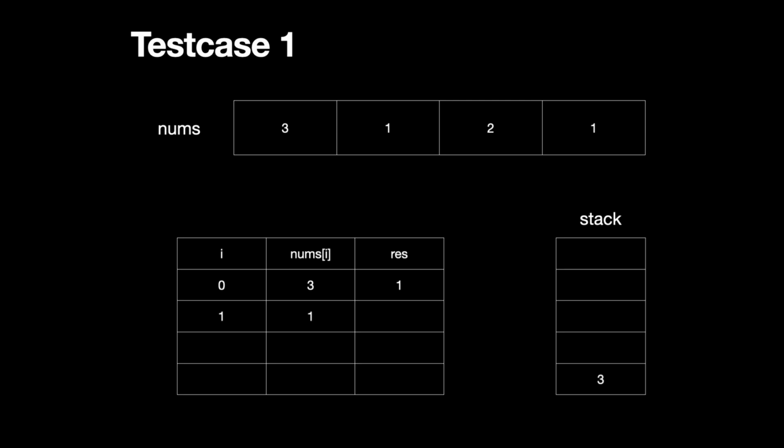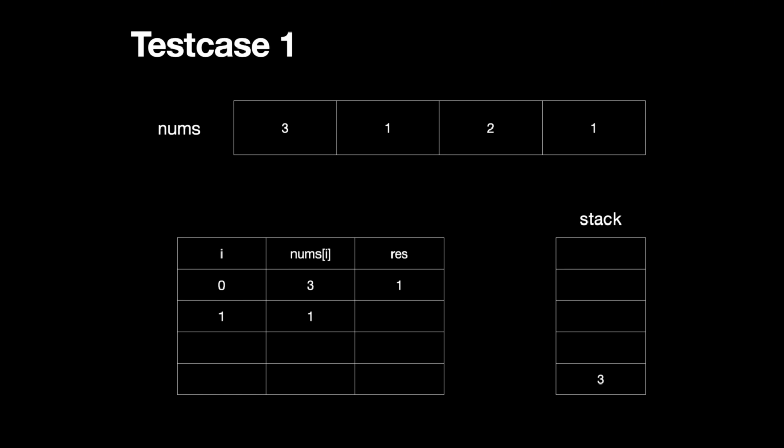Next, i is incremented by 1 and the current value of nums[i] is equal to 1. As we are only focusing on the minimum elements in the array, not the maximum element, we'll check if the current value of the nums array is greater than or less than the top of the stack value.